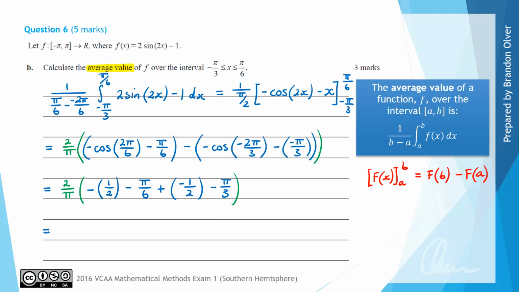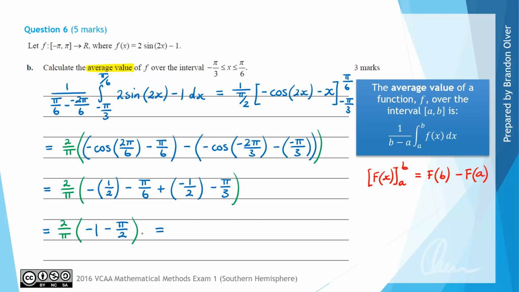So this is going to equal 2 divided by pi multiplying, and in the blue we can see we have minus a half, and then we add on another negative a half, which just turns into negative 1, and then minus pi on 6 subtract another pi on 3 is actually equal to negative pi on 2, and then the green applies to those two terms.